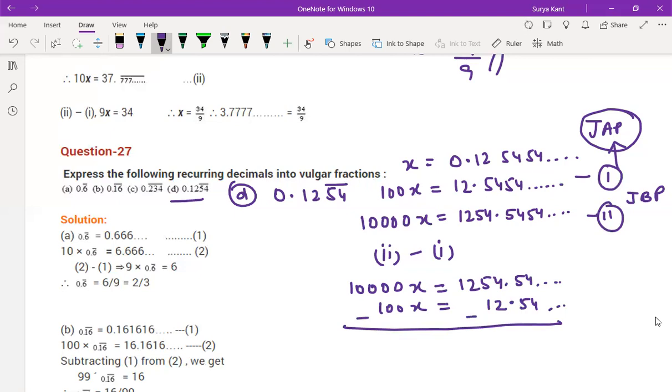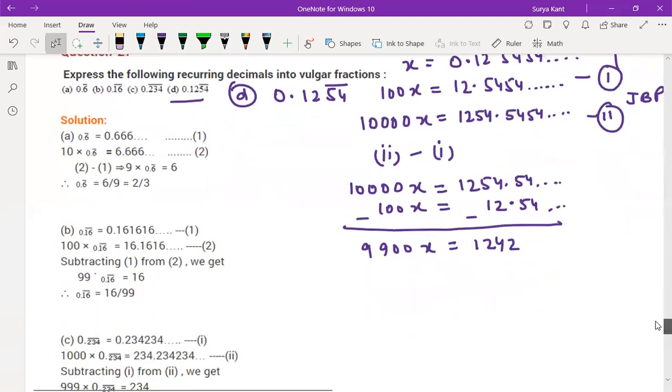Then what do you get from here? 9900x is equal to 1242. So again you can write x is equal to 1242 divided by 9900.